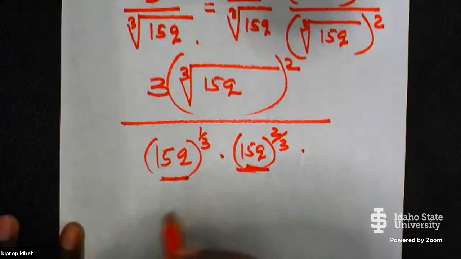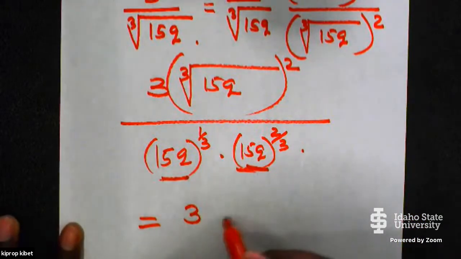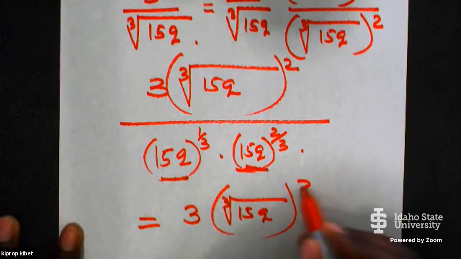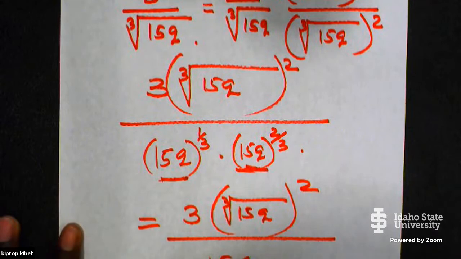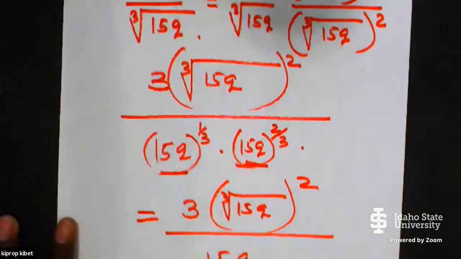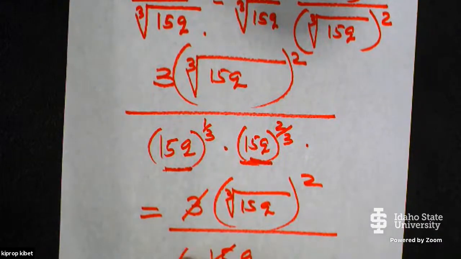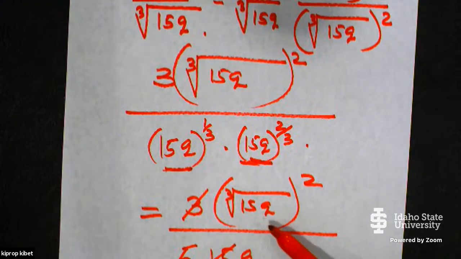So finally, our answer will be 3 cube root of 15q squared all over 15q. Again, you can cancel this and that, you get 5. So you get 3 cube root of 15q squared all over 5q.